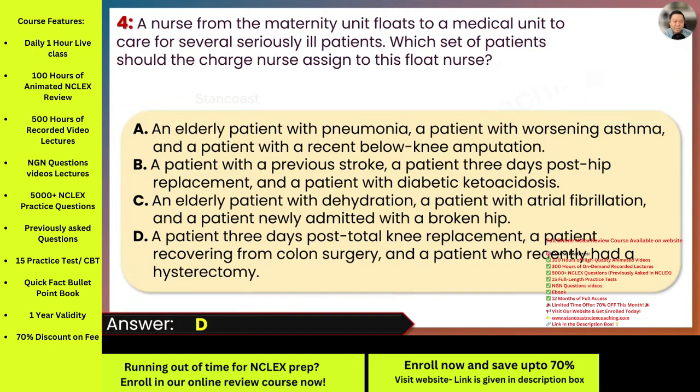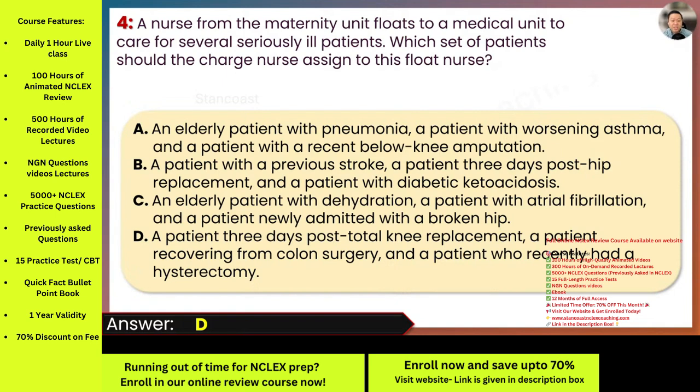Now, what about letter B? Why is this incorrect? Well, take a look into the client here. We have a patient with a DKA, a patient with a previous stroke, a patient that is 3 days post-hip replacement. And we know that DKA is a medical emergency. It requires frequent blood sugar checks, IV insulin adjustments, and fluid management. And so this is quite outside the maternity nurse's expertise.